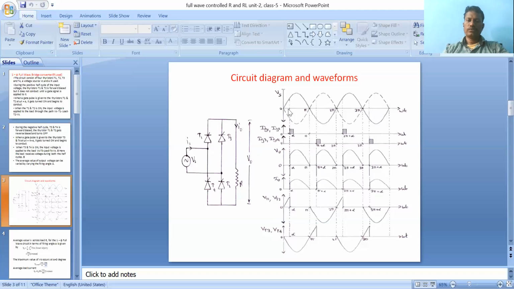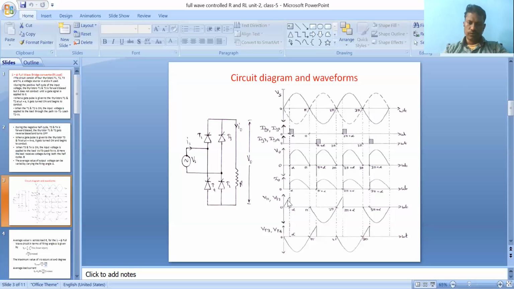Before the firing angle is given to T1 and T2, T1, T2 are in forward blocking mode. During forward blocking mode there is no output voltage and no output current. What is the voltage across thyristors 1 and 2?